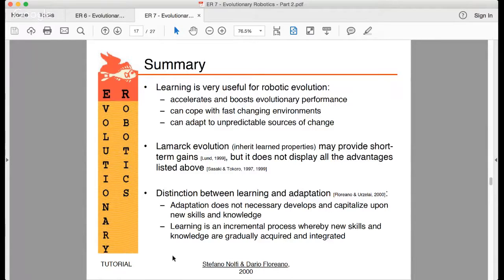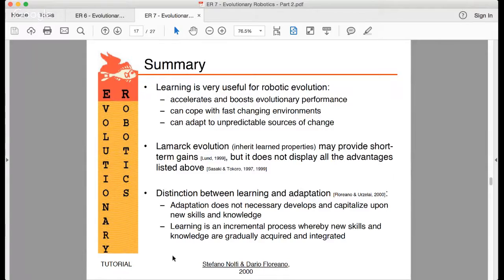Summary. But that's not our conclusion. This is just to summarize the previous part, which I'm not gonna say compares, but let's say discusses learning and evolution. Instead of saying compares learning to evolution, it discusses both of them. So learning is very useful for robotic evolution. It accelerates and boosts evolutionary performance.